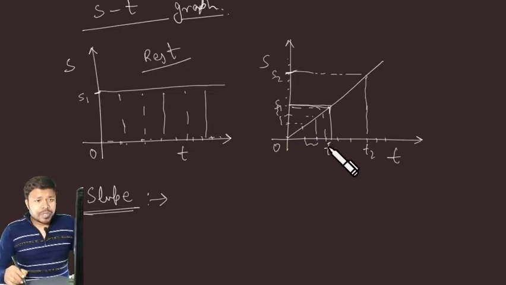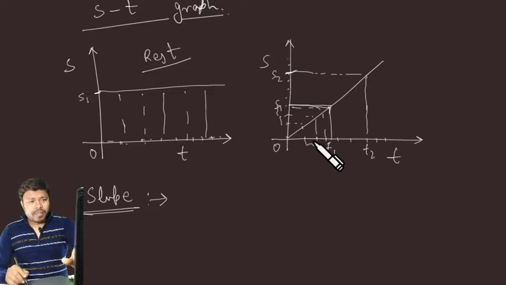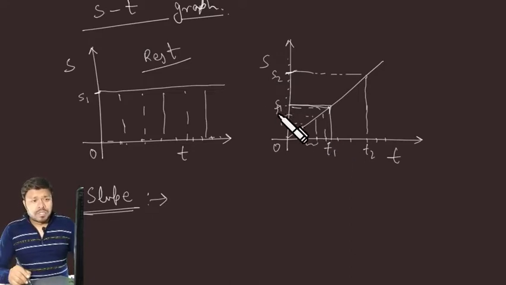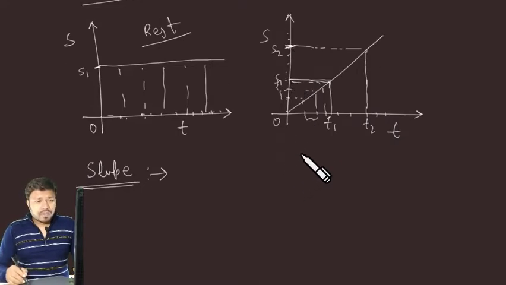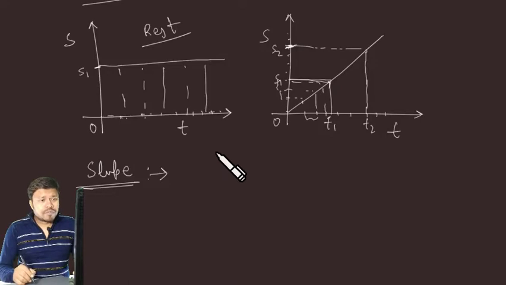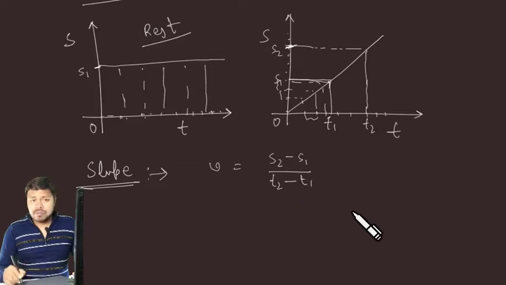So what it means is, at T1, which comes first, the initial position of the body was S1, and then when the time goes to T2, the body moves to the position S2. Now, what happens to the velocity? Velocity is nothing but the change in displacement, final position minus initial position, divided by the time interval, right? Or we can also write del S by del T.